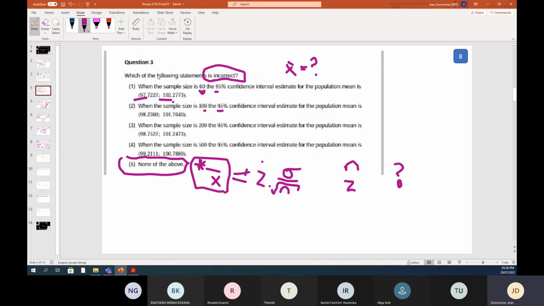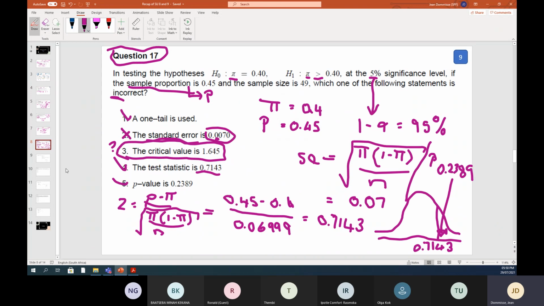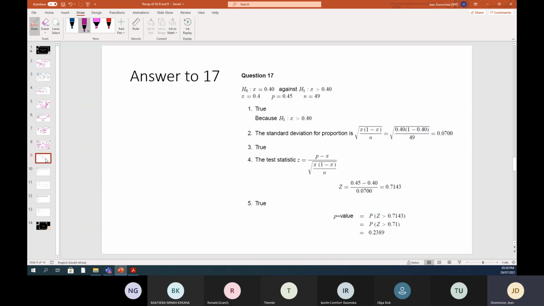A lot of mistakes. So what happens in the exam if a mistake like this comes in is that, okay, let's quickly see here. I've got the answers. Yeah, I see.